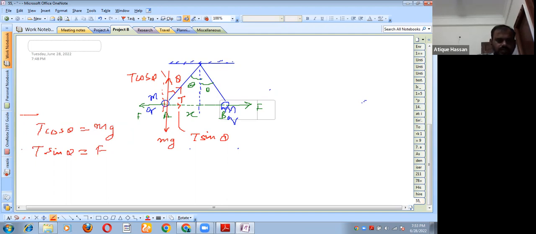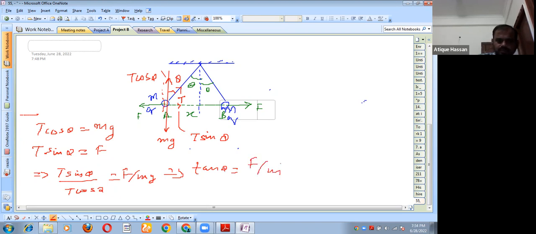Now, if we divide both, we get T sin theta upon T cos theta equal to F by mg. So tan theta will be equal to F upon mg. Getting my point?